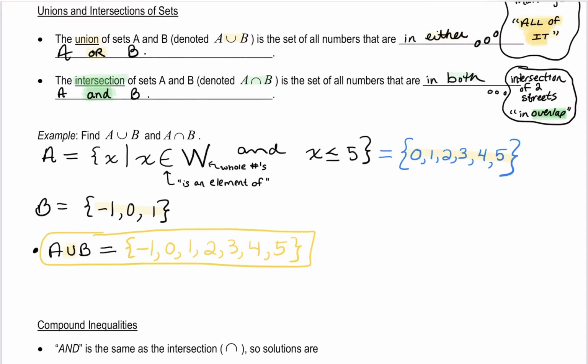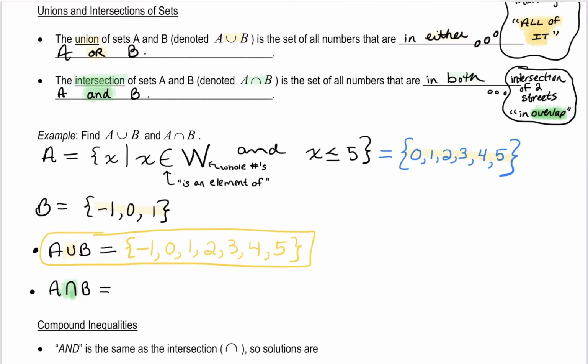All right, the intersection then, the other one. So let's do A intersect B. With the intersection, we want to think to ourselves that intersection is the overlap. So what's in both? These can also be shown with Venn diagrams if you've seen those before. I'm not taking the time to do that here, but that's a nice visual.